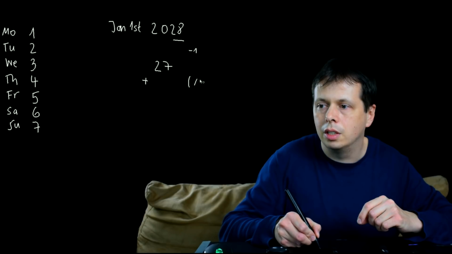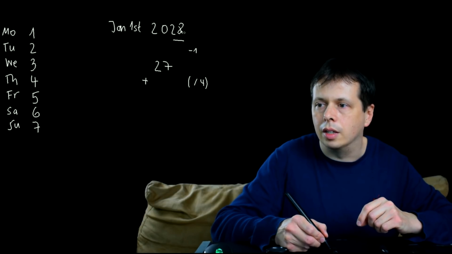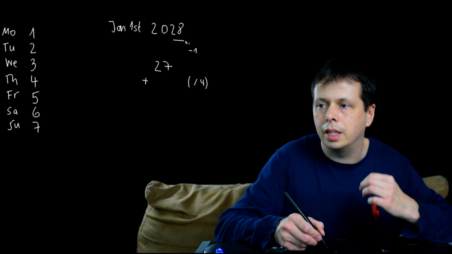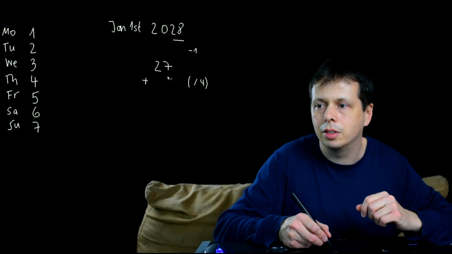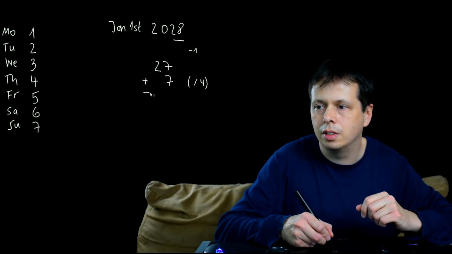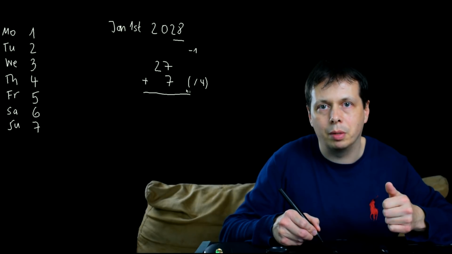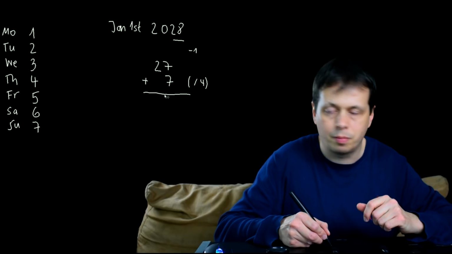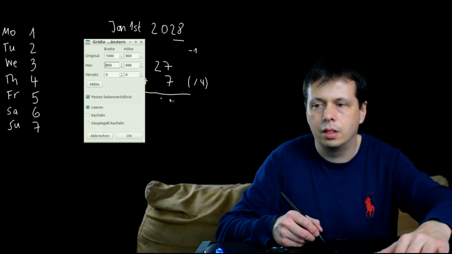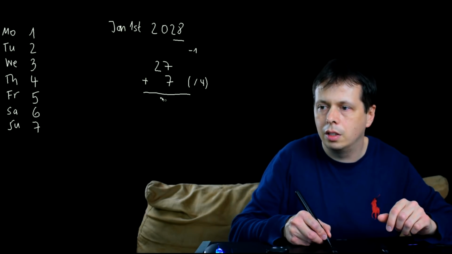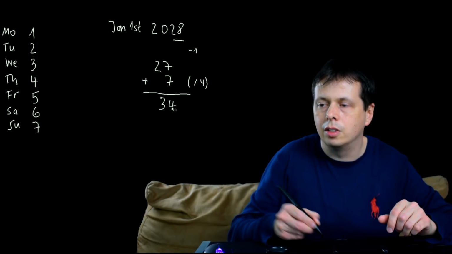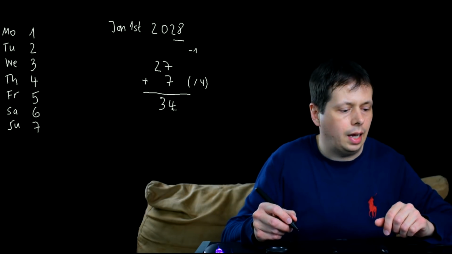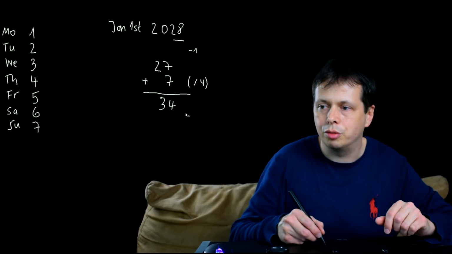So 28 you can exactly divide by 4 and get 7. So first divide by 4 and then add it, and the result is 34.